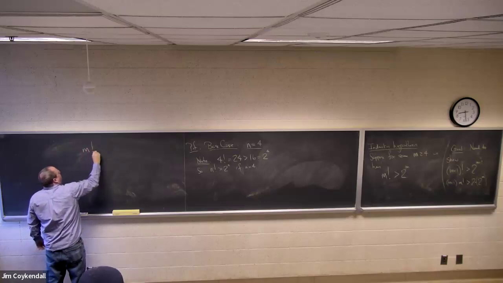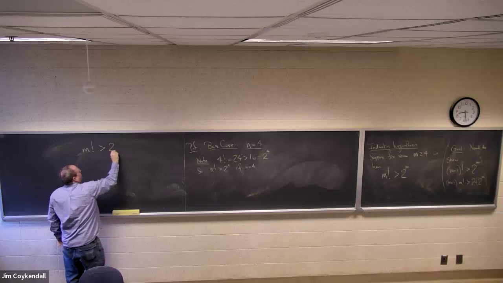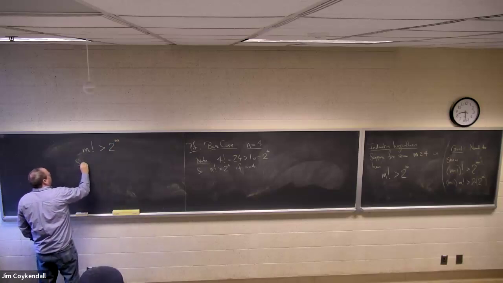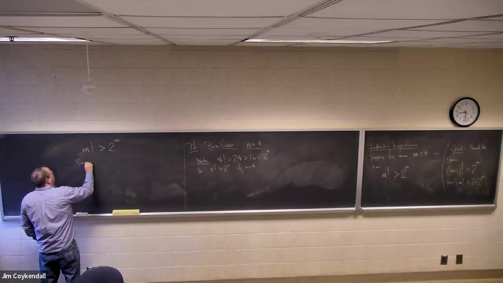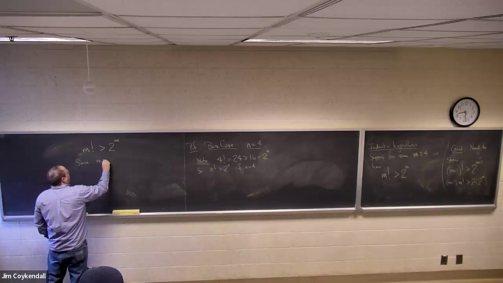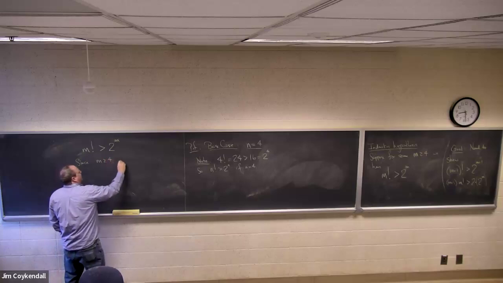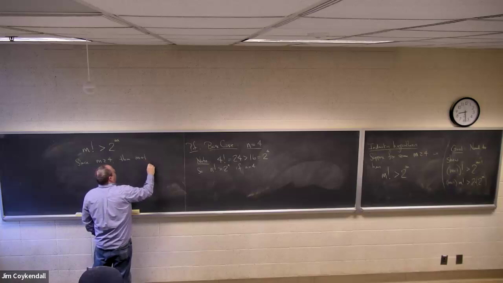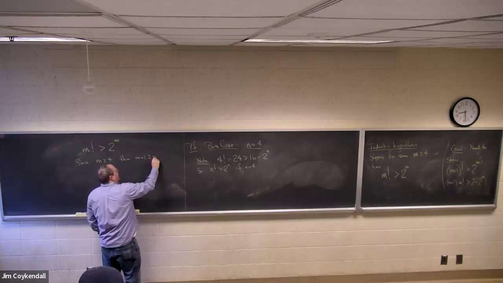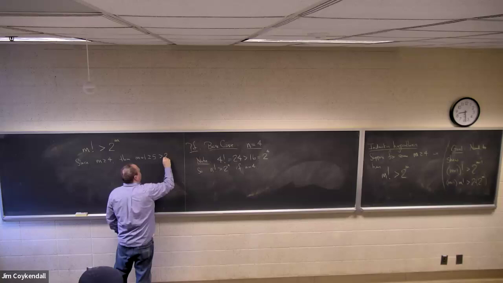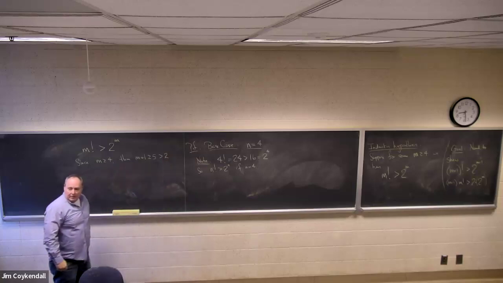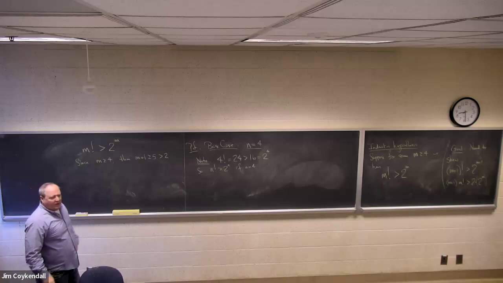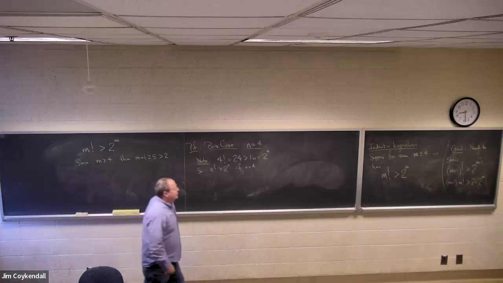So here's my inductive hypothesis. Since m is bigger than or equal to 4, and m plus 1 is bigger than or equal to 5, which is strictly bigger than 2. All right. Everybody agree? Where did that 2 come from? Am I having a stroke up here?